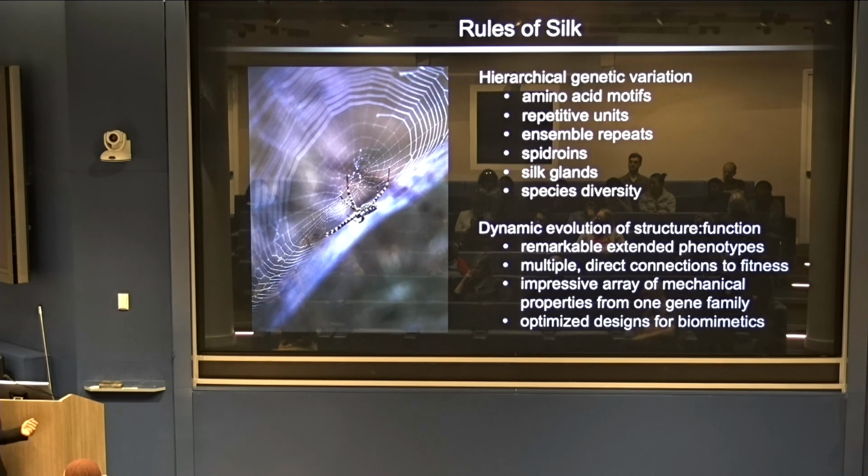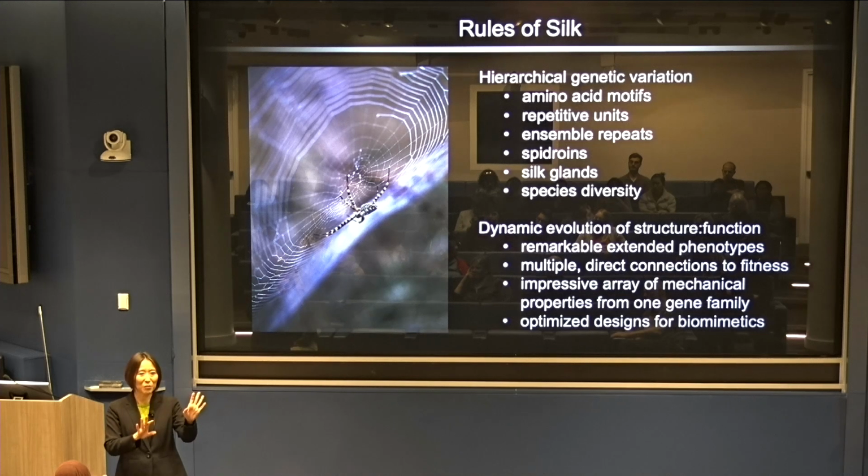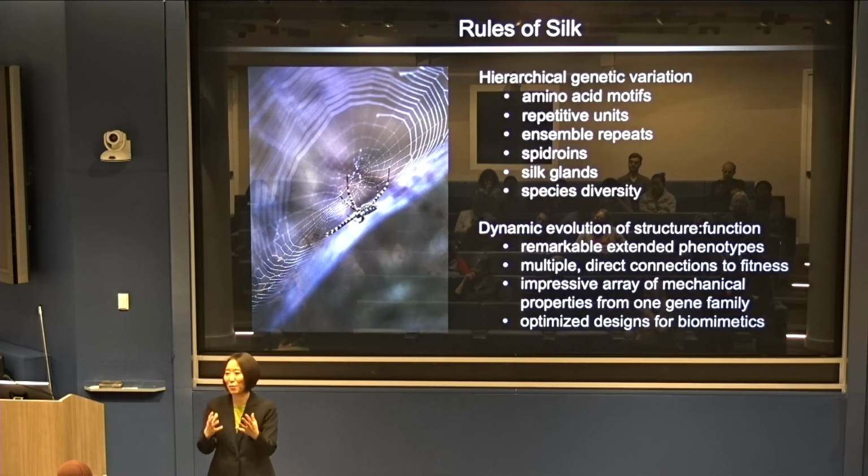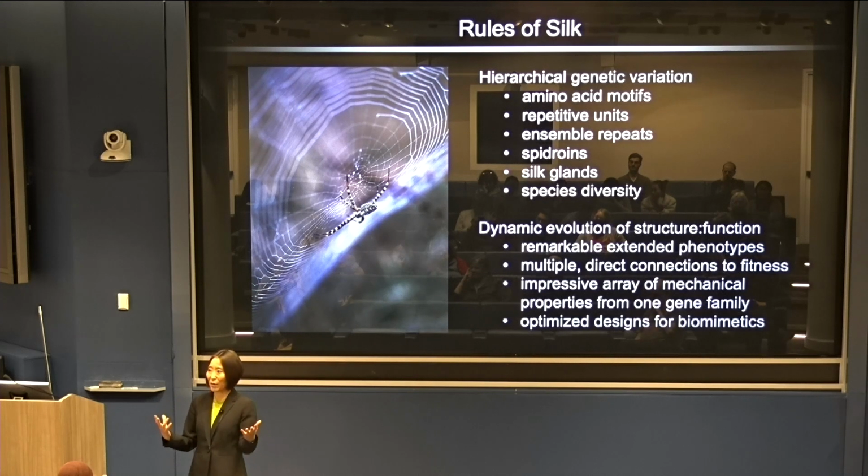If you look at orb web weaving spiders, the young spiderlings almost never actually meet their mother. So they have a reproductive system like an annual plant where the mother lays an egg sac, and it's part of why there's so much investment in that silk. She's putting proteins in the eggs, but she's also wrapping them really tightly with silk to protect them from the environment. And so they come out and they have to fend for themselves.